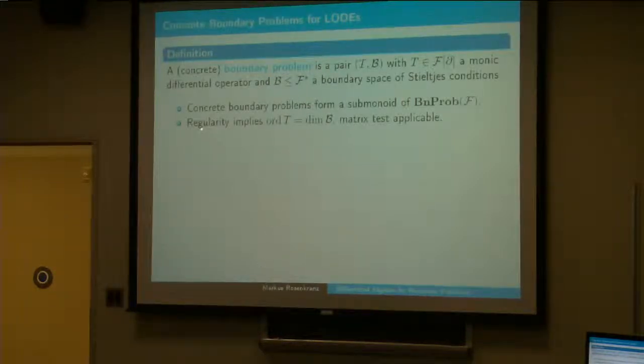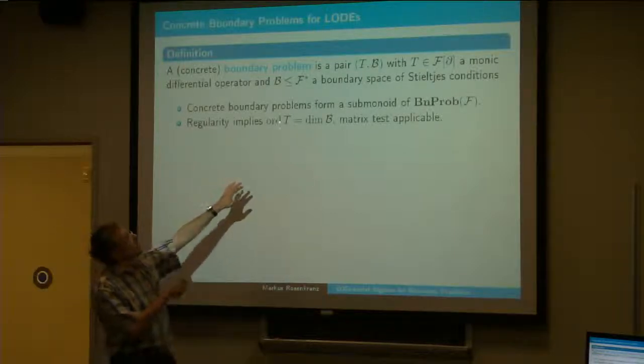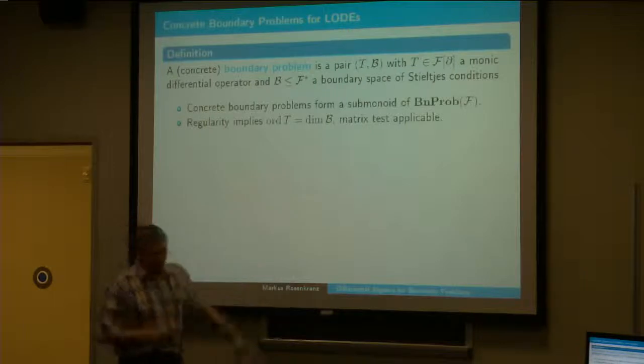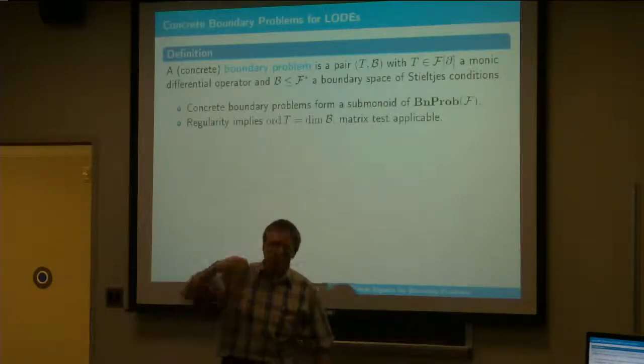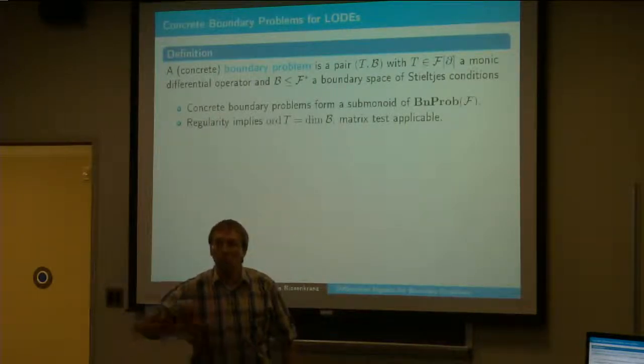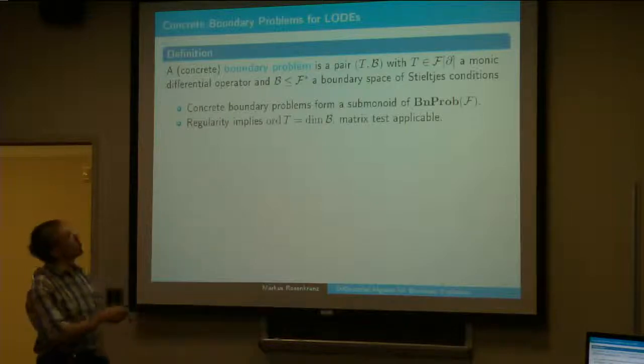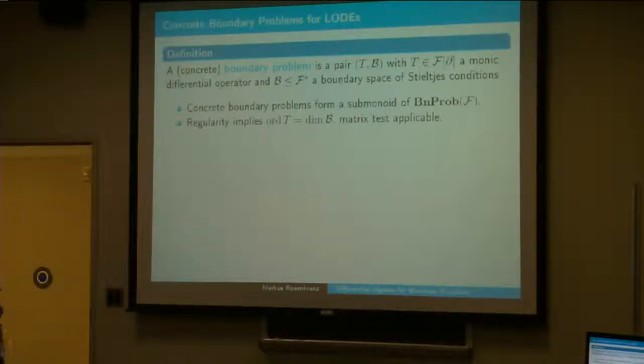And a regular boundary problem will have the consequence that, in particular, the order of the differential equation must correspond to the number of boundary conditions, or the dimension of this space. It's of course not sufficient, but this is a necessary condition. And of course, you can use the matrix test that I showed you before. And again, the regular concrete problems are again an even smaller submonoid.